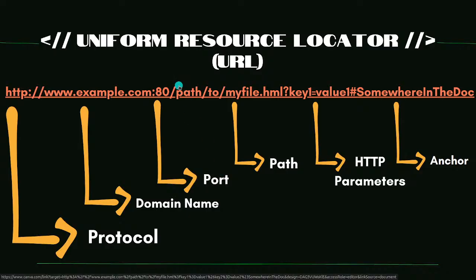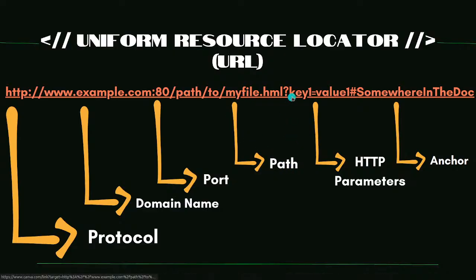After that 80 there is a slash, then there is the path to the file. The port is not always visible, but by default there is a port number. So let's say if it is example.com slash something, then that slash something is the path to the file which you are trying to access.